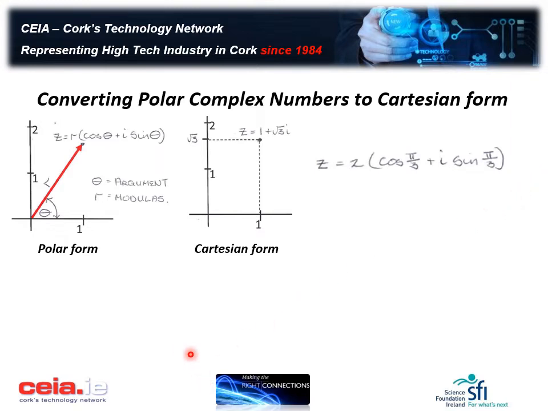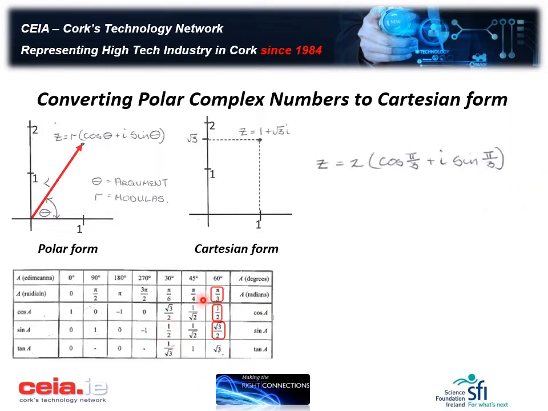You use the tables on page 13 of your maths tables to get a value for cosine pi over 3 and sine pi over 3. So in radians you find pi over 3 and substitute in a half for cosine pi over 3, and for sine pi over 3, substitute in root 3 over 2. And then it's just a matter of multiplying this out to get z is equal to 1 plus 3i.